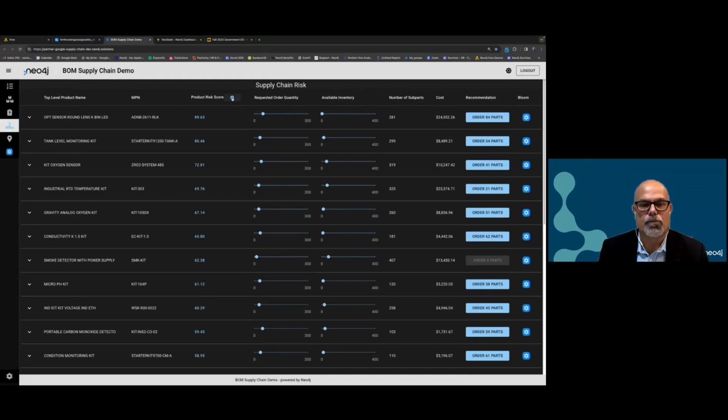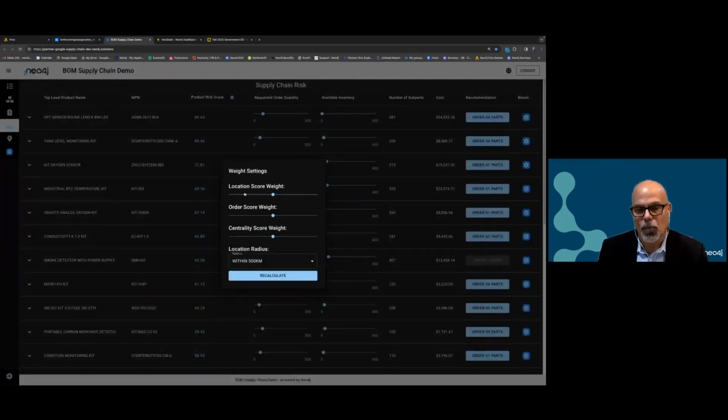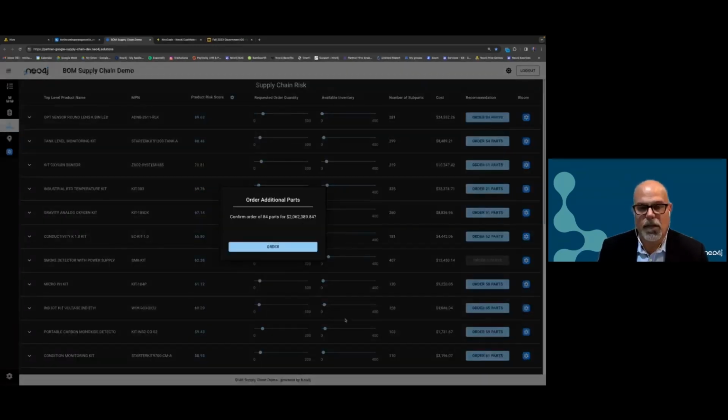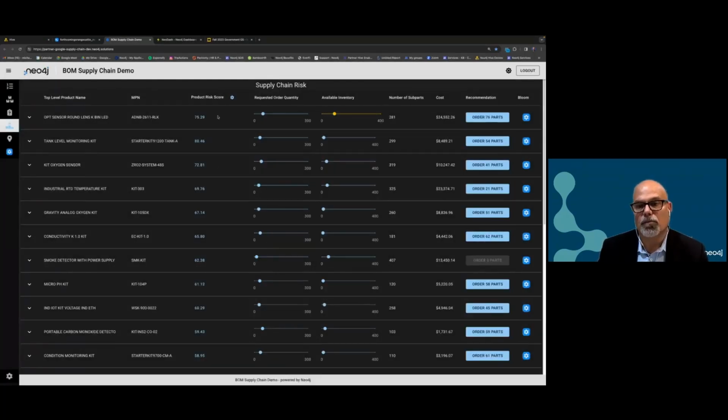What we're doing here is creating an aggregate risk score based on things like where the facility is located, how many orders require this part, and how much contention there is around this part in general. So, for example, we can say that if we order an additional set of parts, we can then solve this problem. If I go ahead and order those, now you can see I've lowered my risk score and I'm going to be able to deliver on that particular item.